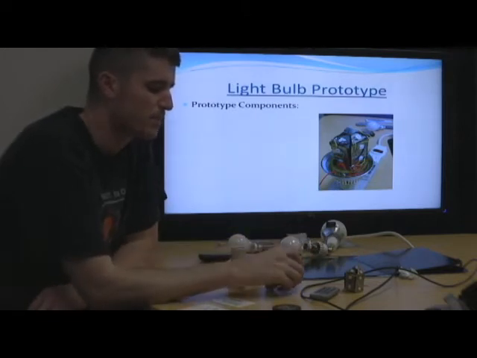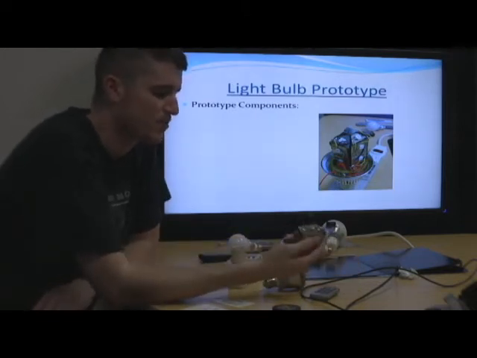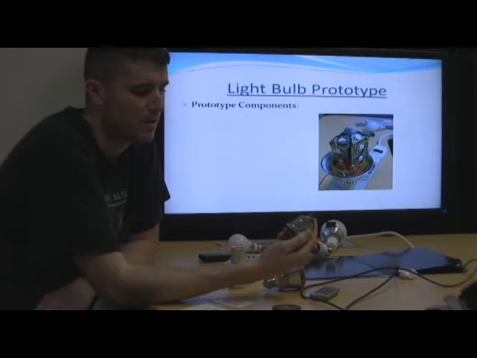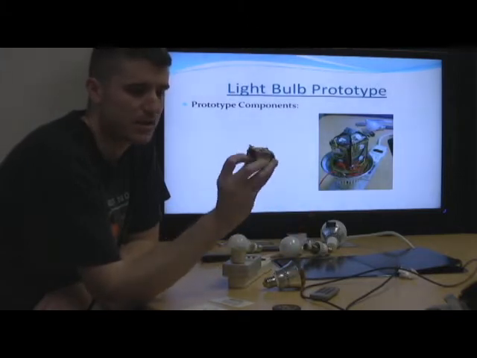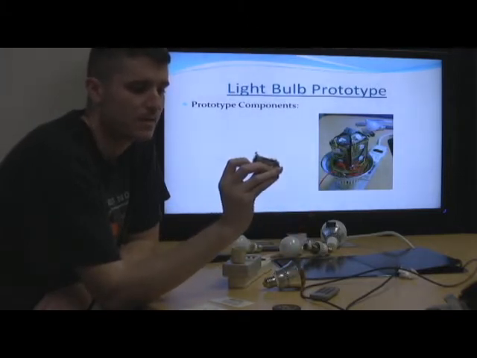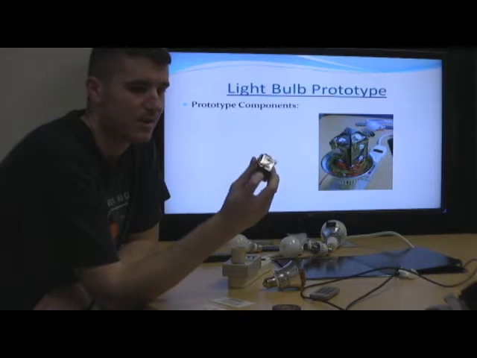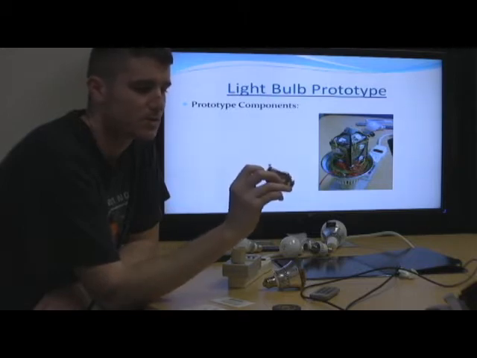The other problem with our preliminary design was that we used MOSFET technology to control the PWM and change the color. Unfortunately, the MOSFETs got extremely hot. You probably can't really see in there, but the thermal tape is pretty well cooked because the MOSFETs were getting so hot.